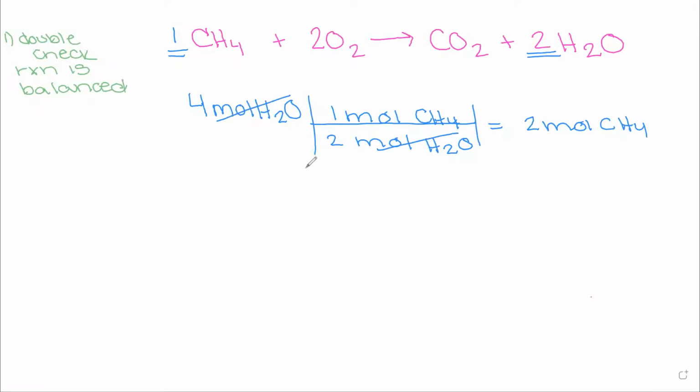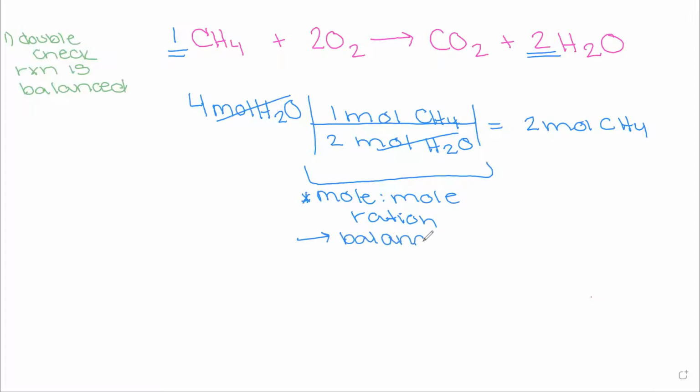This right here that I used, I often call a mole to mole ratio, and it comes from a balanced chemical reaction. So you can see that I plugged in that balanced chemical reaction.